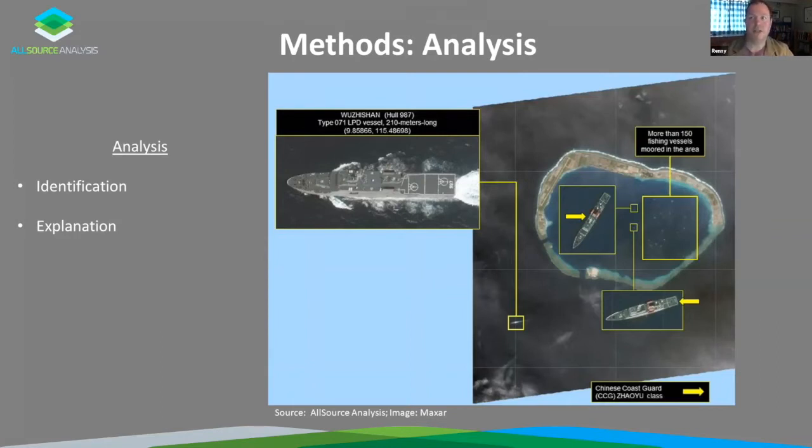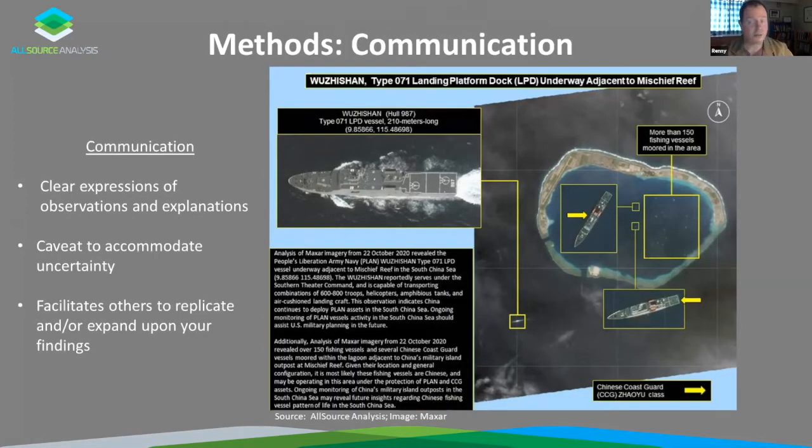Then it's important to communicate this information. So when you've got your objects identified, and you've got some understanding for explaining why they're there and what their relationships are, it's important to clearly express these things, and then to caveat all of your expressions with a level of uncertainty. For example, you think the fishing vessels called out on the graphic are probably Chinese, even though there's no other visual piece of information on this image that can show you that they're Chinese.